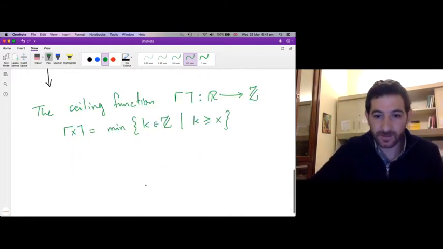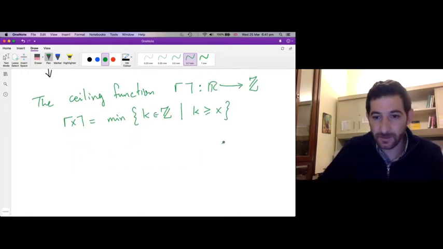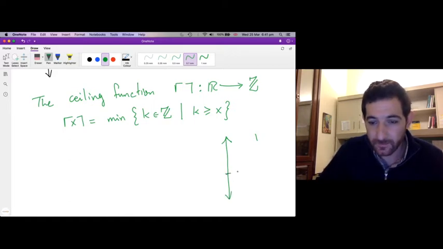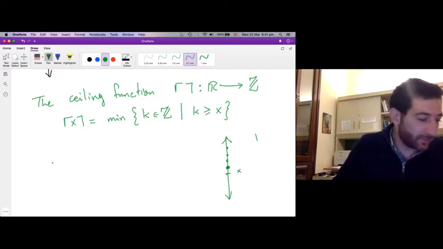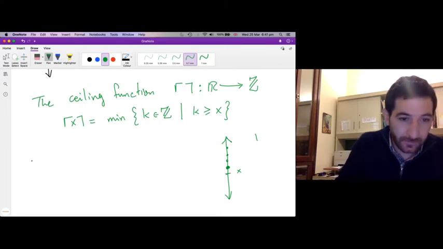Okay, so let's see what is the picture here. So if this is X, say, we look at all the integers above X and we choose the least one. So this one will be the ceiling. Okay, let's have an example. For example, what is the ceiling of 3.1?